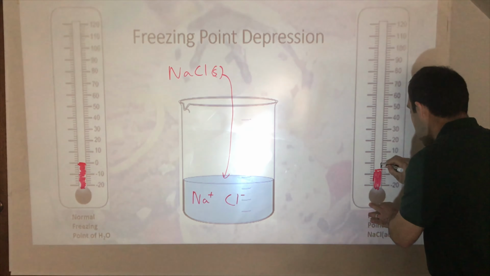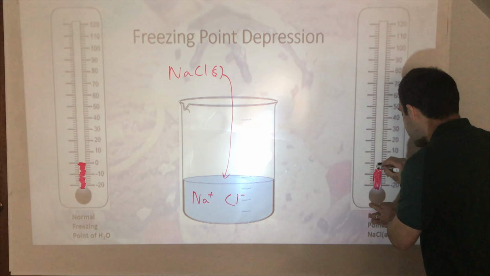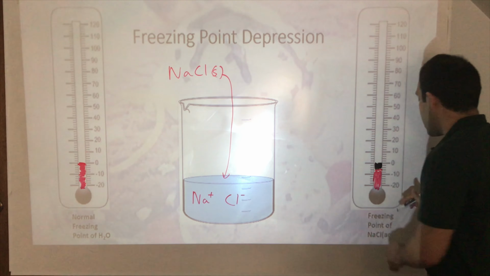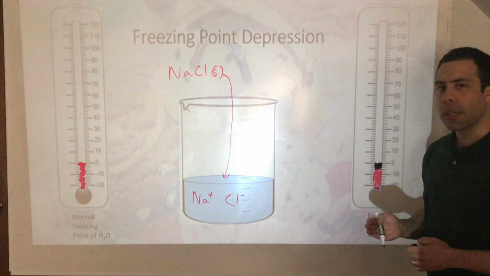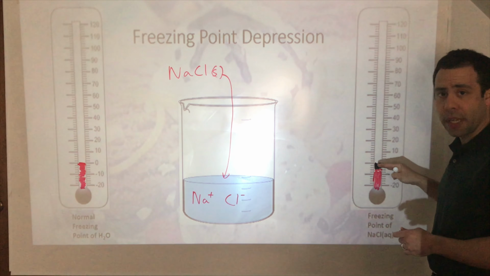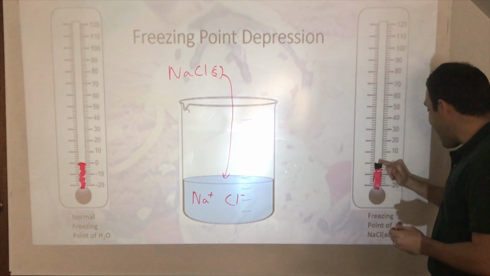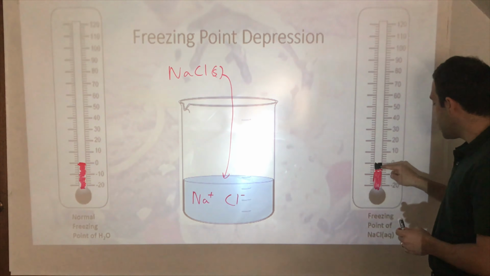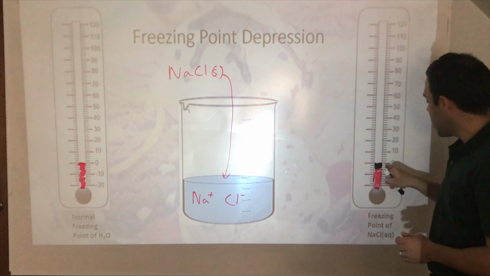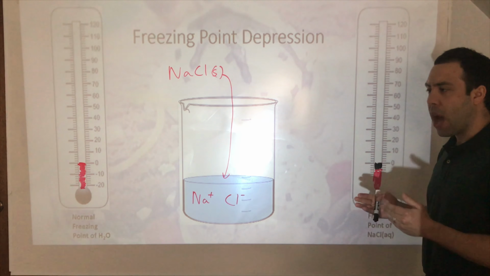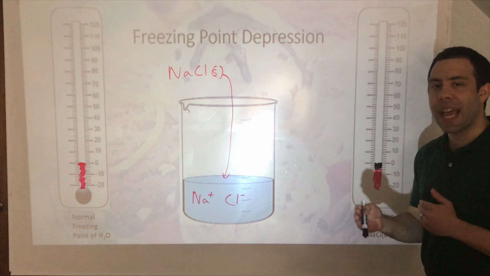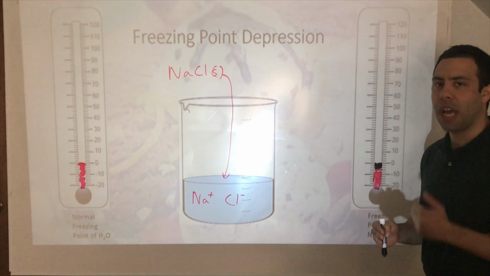Well, even that small change of 6 degrees Celsius matters. If the temperature in the winter is below the normal freezing point, below 0 degrees Celsius, but above negative 6 degrees Celsius, somewhere in that range, the water is going to stay in the liquid form. It is not going to turn to ice.